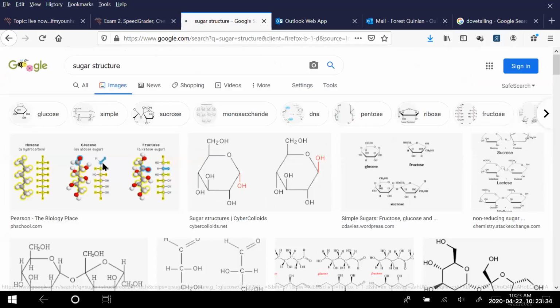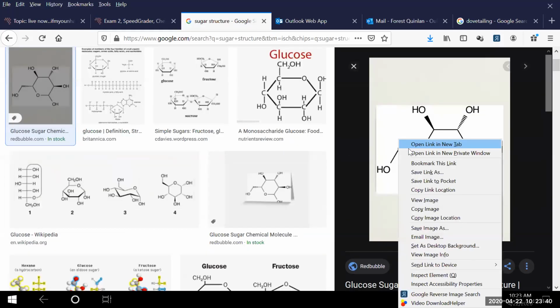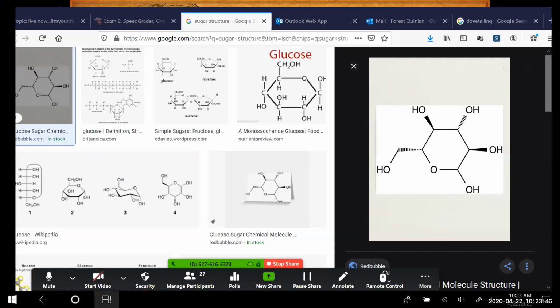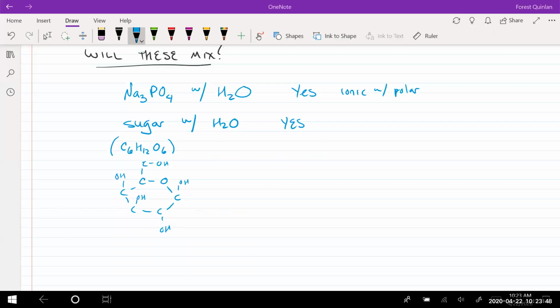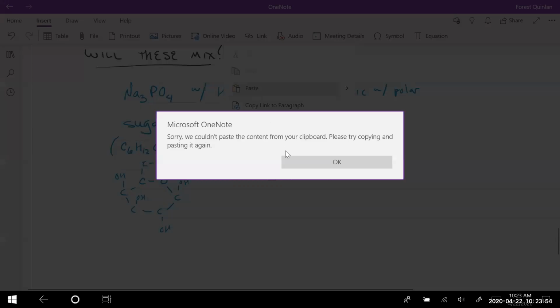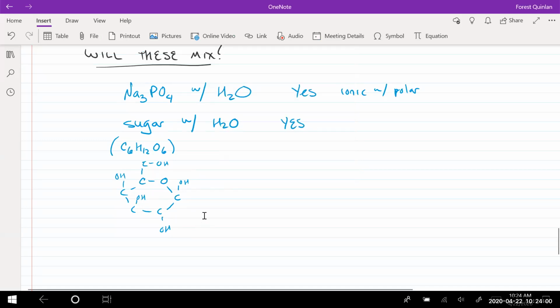Let's just do glucose. There we go. Copy image. Go back over here. Paste it in because we can. Oh, wait, I did draw it right.